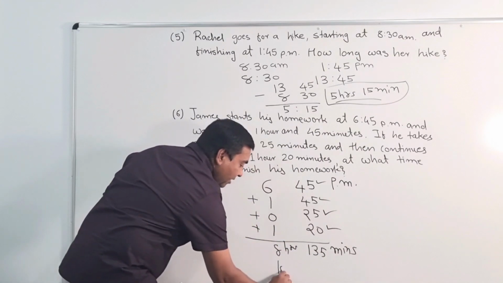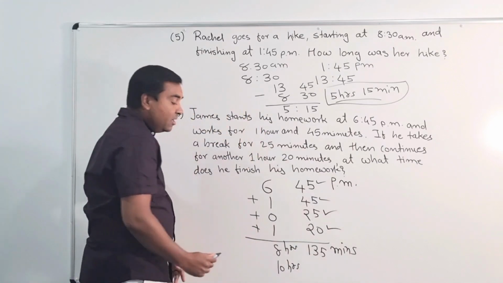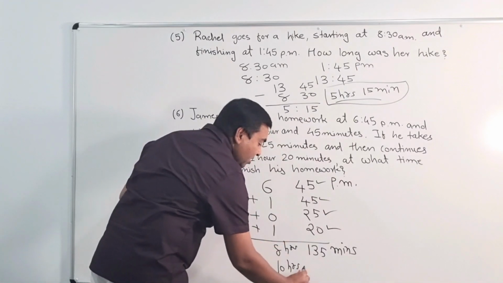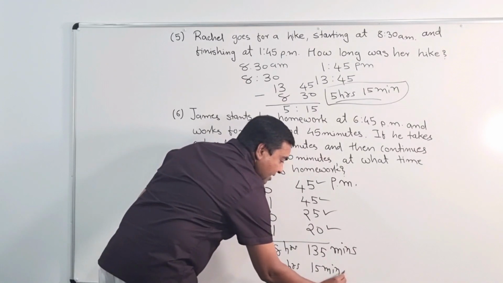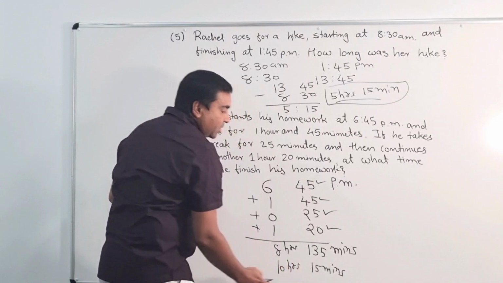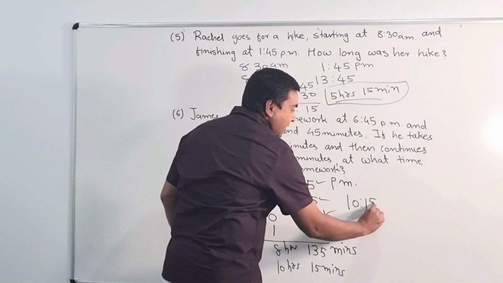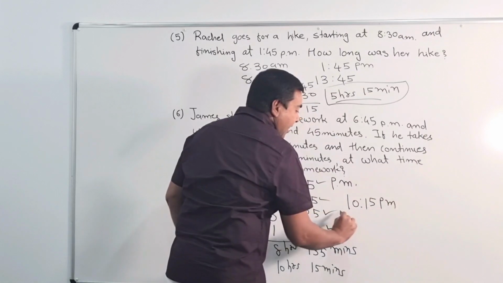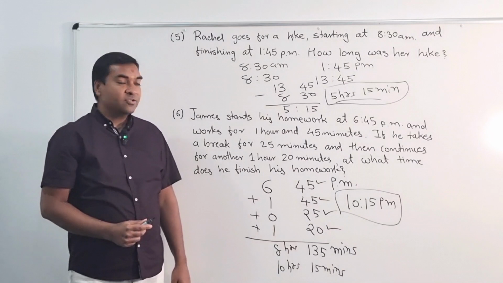So that is going to be 10 hours, and 120 minutes I'm minusing, so 135 minus 120 is 15 minutes. So we can see the time must be 10 hours and 15 minutes. That's nothing else but 10:15 p.m. So that is the time James should be finishing his homework.